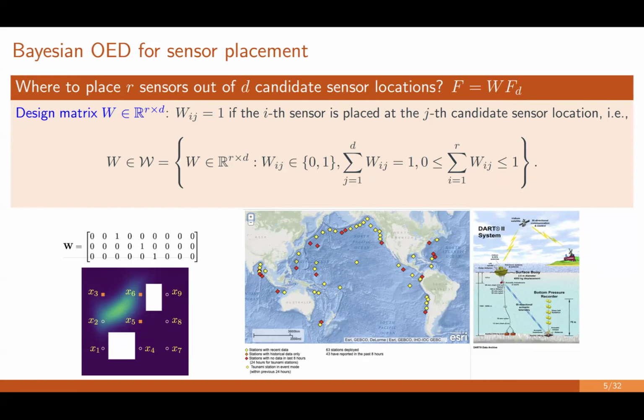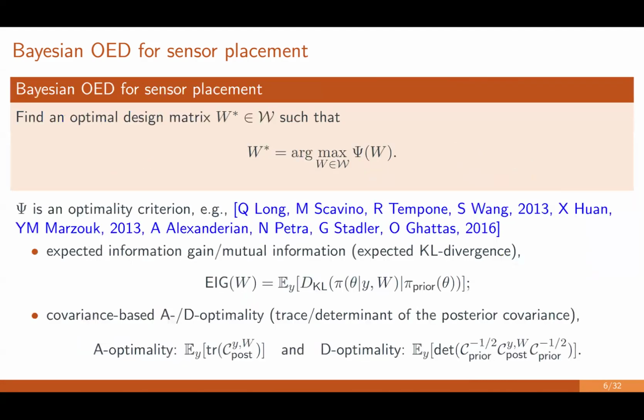And then to optimize this sensor placement, we need a certain optimization criterion, an optimality criterion. Here we denote it as psi. Psi depends on the design matrix W. Well, there are many different kinds of optimality criteria in the statistical literature, and also recently studied in the literature constrained by large scale models, simulation-based optimal experimental design.